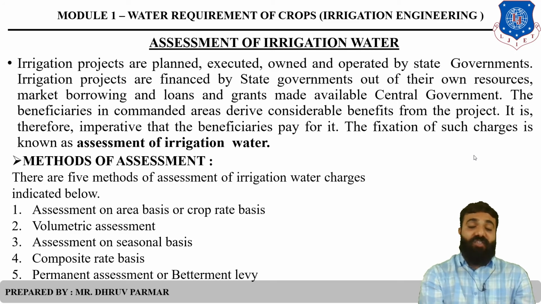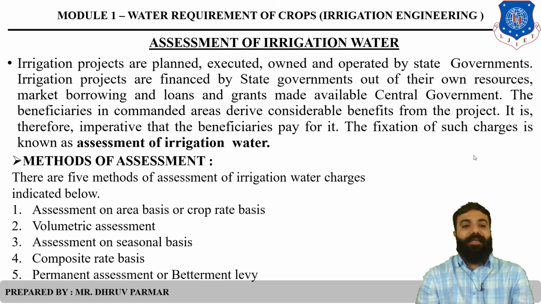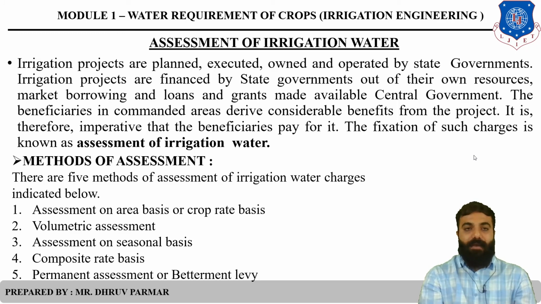Otherwise silt and debris may obstruct the water meter, clear, and the water meter cannot measure a small amount of water, clear. So there are some drawbacks in volumetric assessment. Then assessment on seasonal basis. This assessment is based on the type of crop grown on the particular area during a certain crop season. This method is not famous in our India.